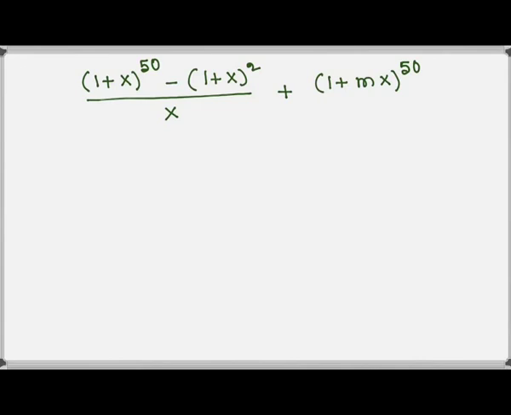So, the coefficient of x square will have contribution from the coefficient of x cube from the sum (1 plus x) whole to the power 50 and from the coefficient of x square of the sum (1 plus mx) whole to the power 50 and from the sum (1 plus x) whole square.